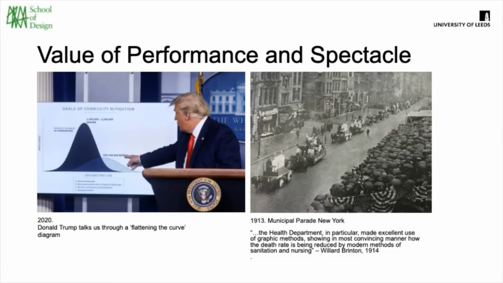There was the speculative curve, flattening the curve, a very powerful piece of very simple information design. Keep the text low. It was all about the graphic, but it needed to be performed as well. So try and think about the story that your graphic is telling you.